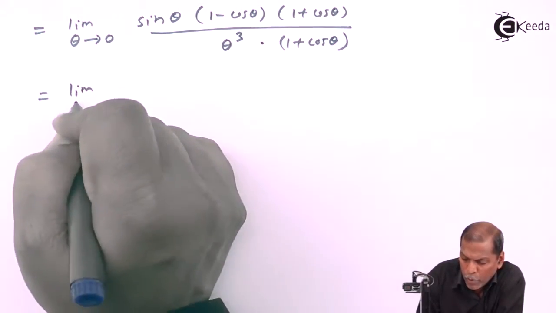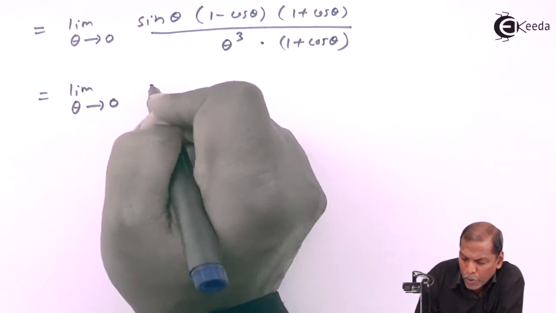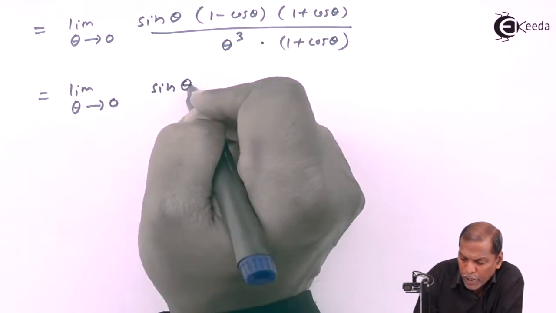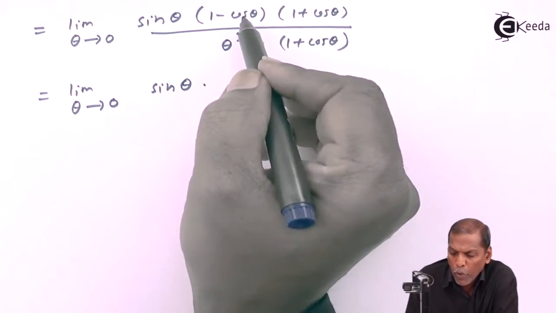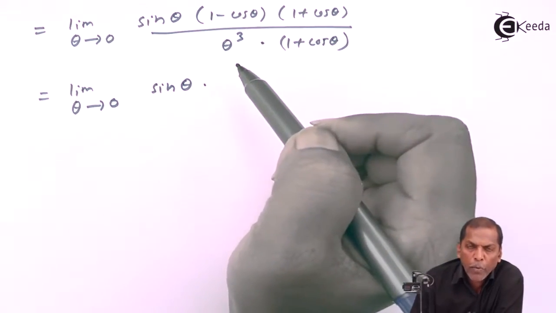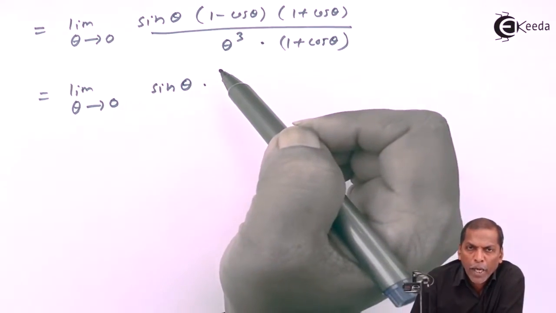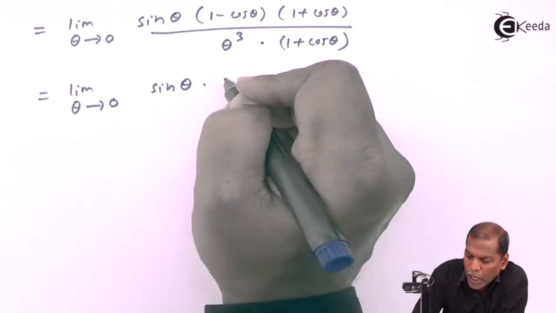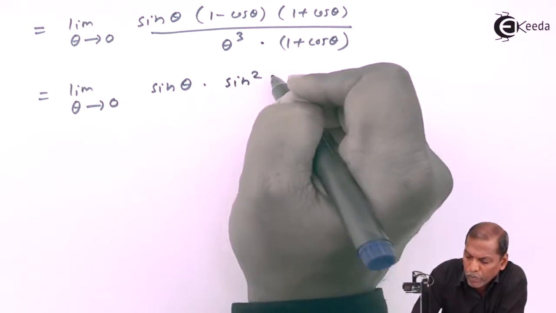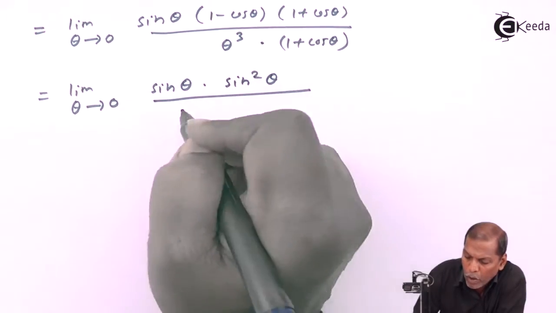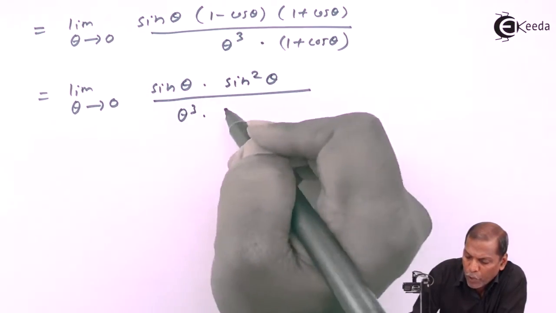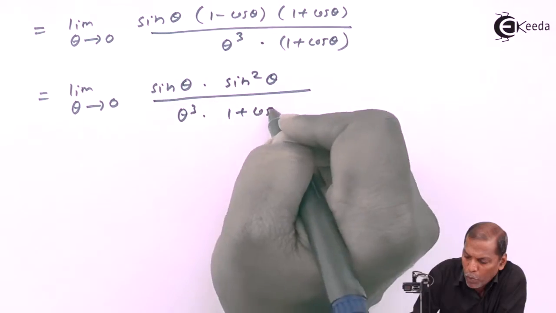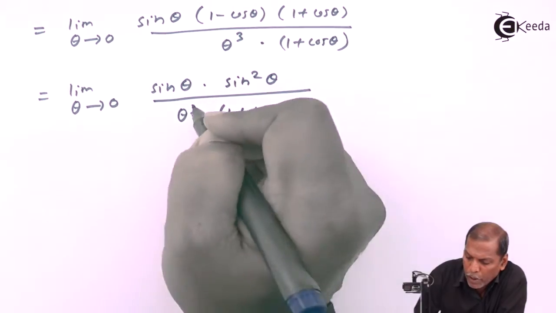So that equals limit theta tends to 0 sine theta into, now 1 minus cos theta into 1 plus cos theta gives 1 minus cos square theta, and that further gives sine square theta upon theta cube into 1 plus cos theta.